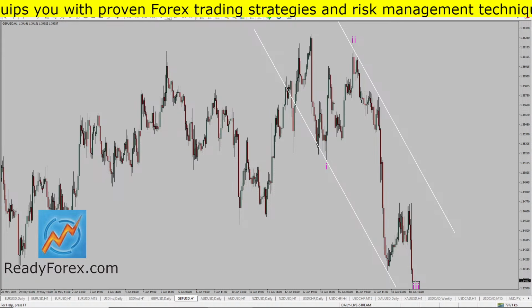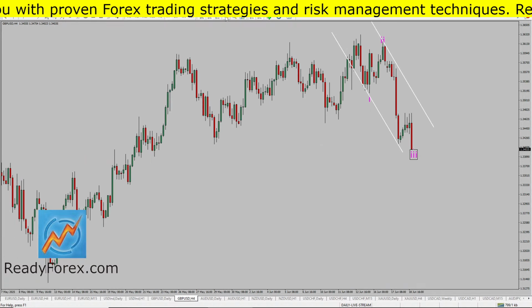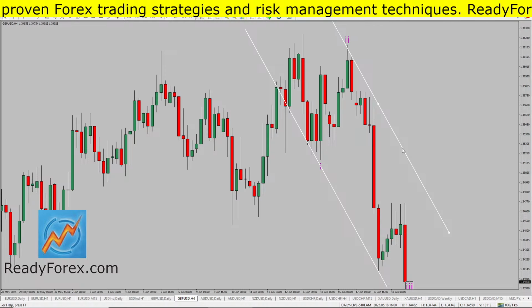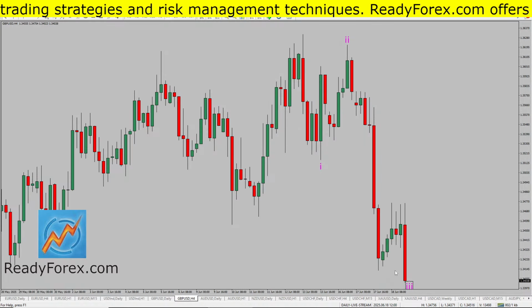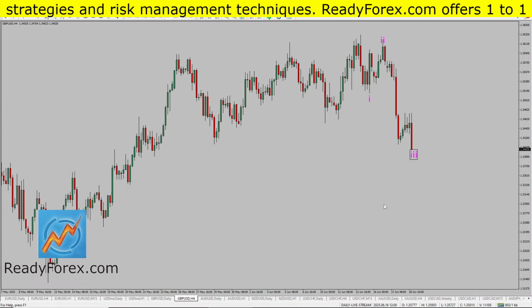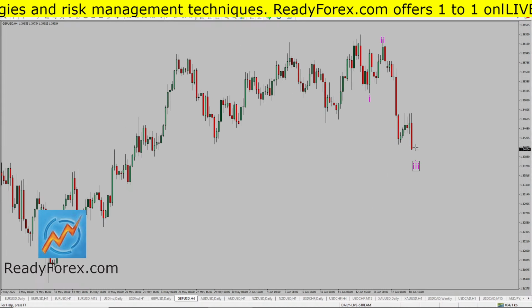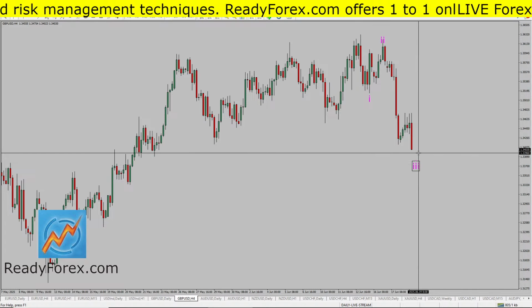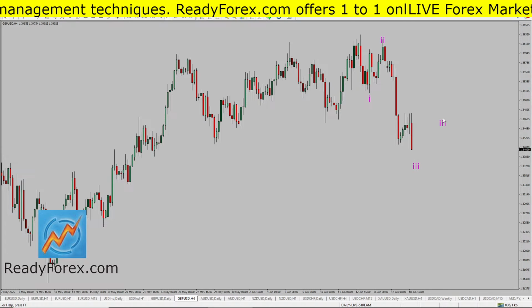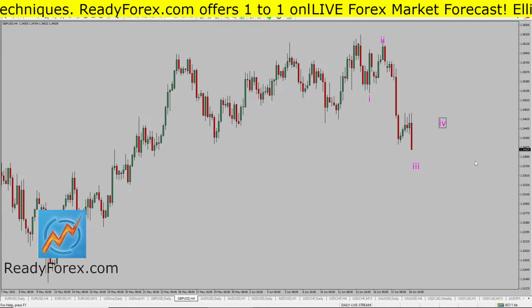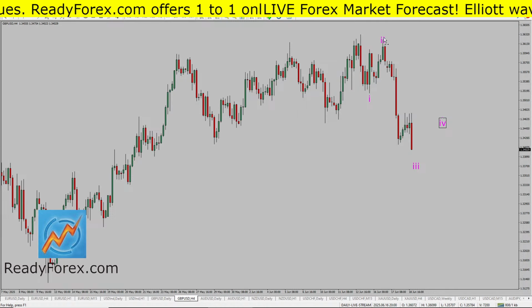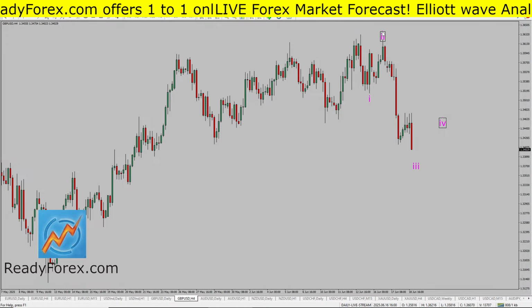Okay, you can go to a 4-hour time frame. So if wave 3 is still going on, then it means the market is going to print some kind of a bottom here, and after this expect a bullish leg. Wave 4.